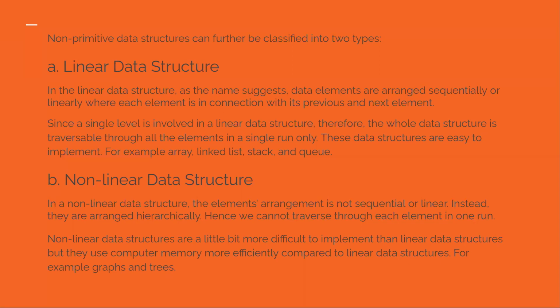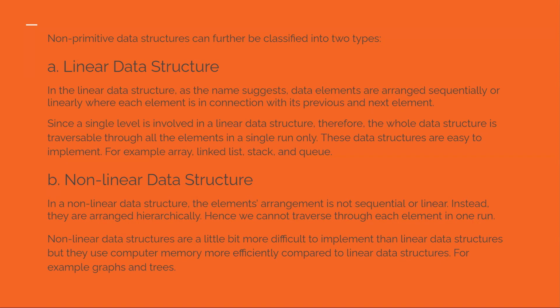Since a single level is involved in a linear data structure, the whole data structure is traversable through all the elements in a single run only. These data structures are easy to implement, for example, array, linked list, stack, or queue.